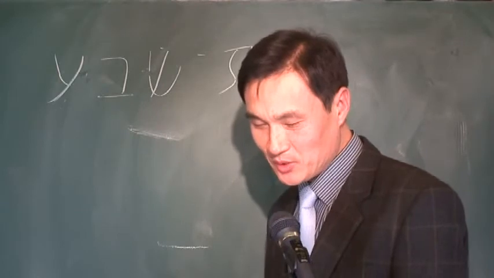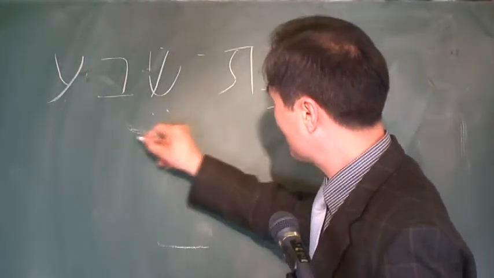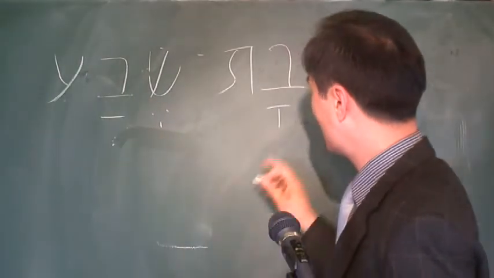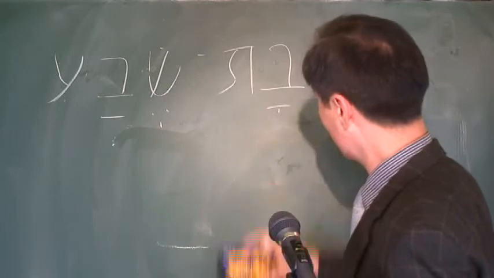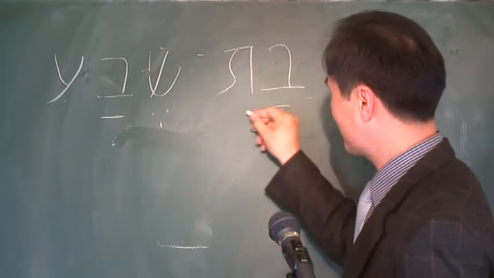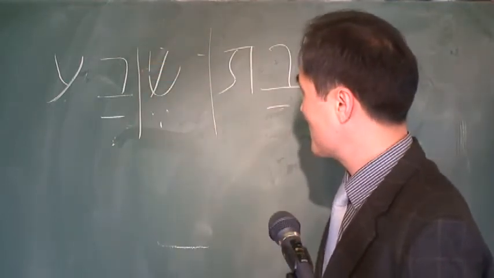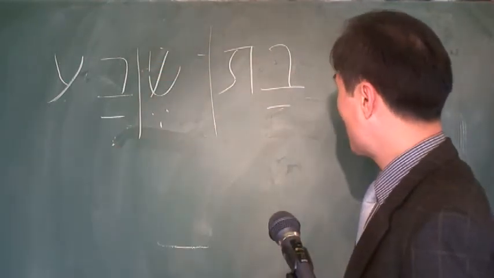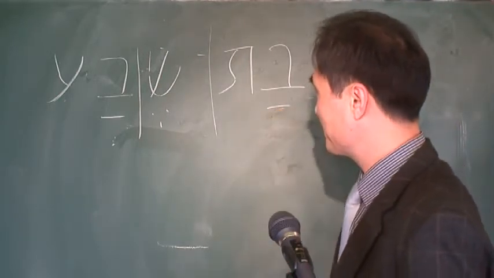David's wife Bathsheba. The following are the vowels in the word. Pat, she, ba.